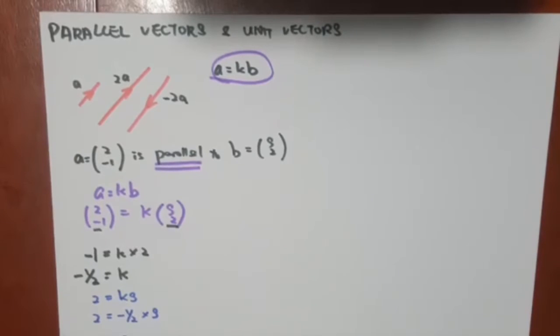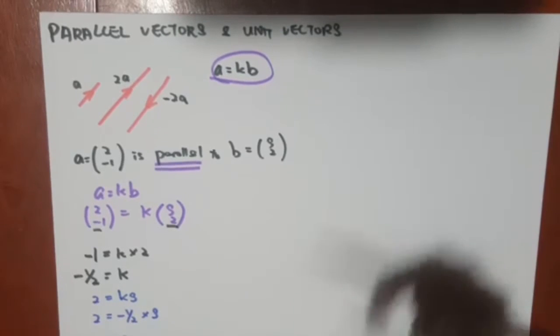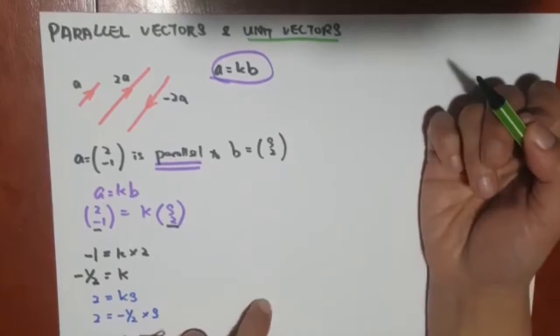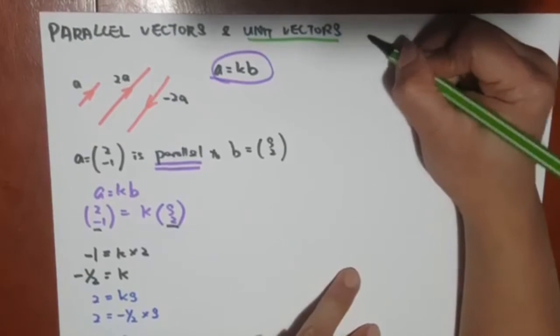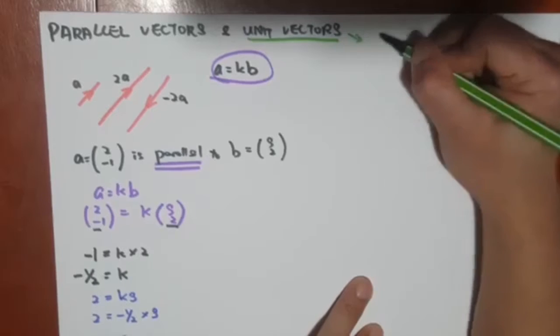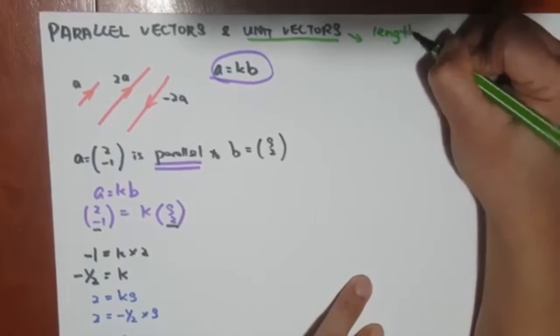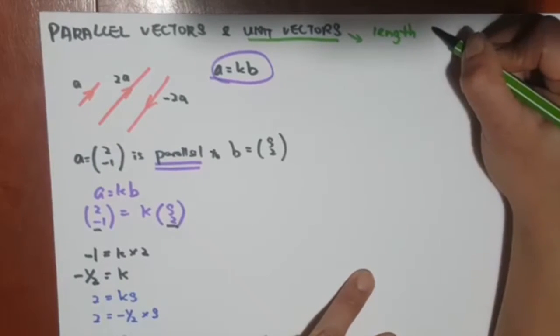Another thing that I want to discuss in this unit is unit vectors. What is the meaning of unit vector? Unit vectors are vectors that only have a length of 1 unit.